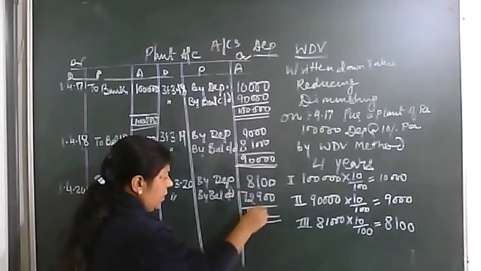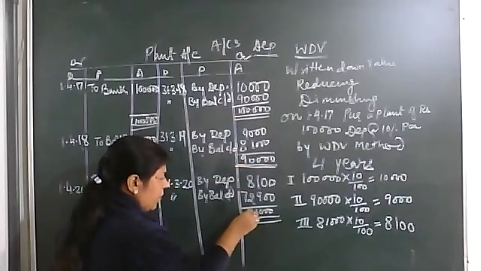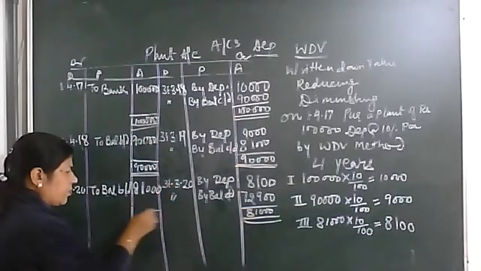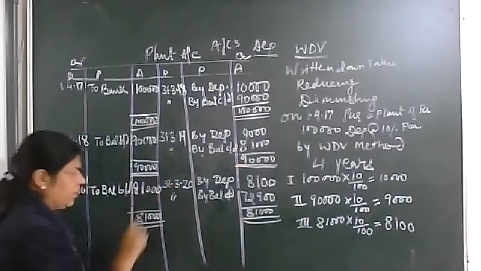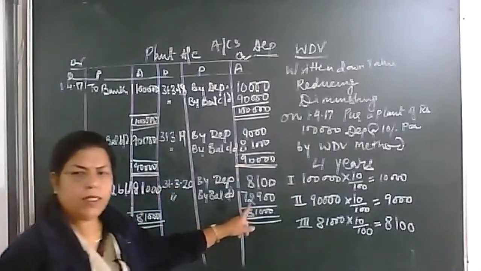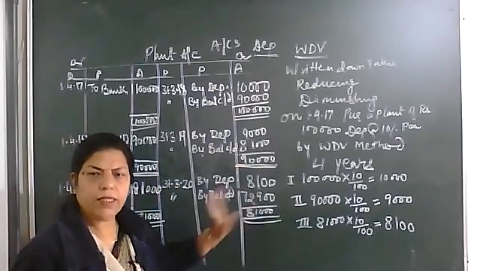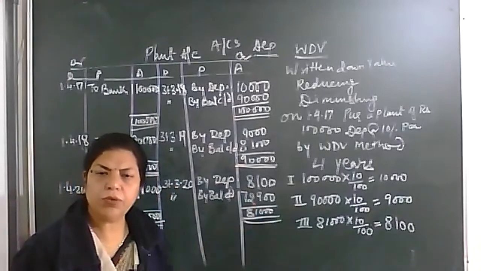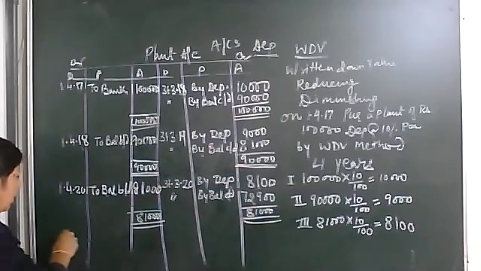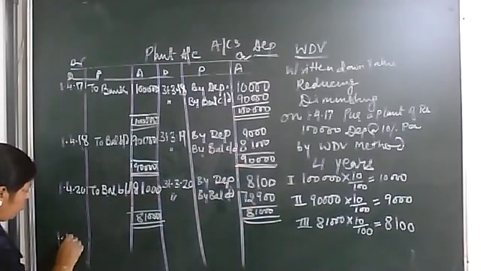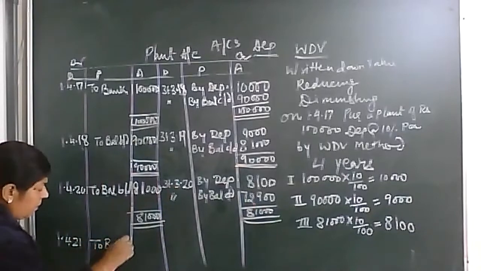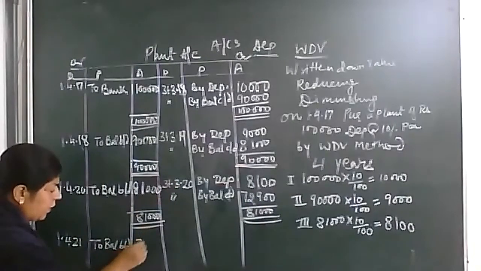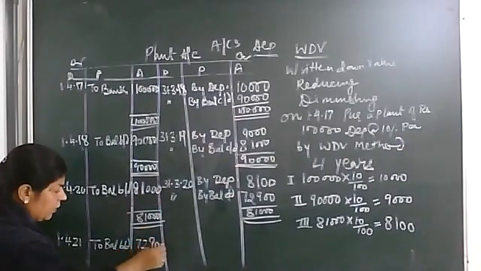So here, by balance CD, carried down, 81,000 minus 8,100 is 72,900, the remaining amount. That will be in 1/4/21, to balance BD, 72,900.